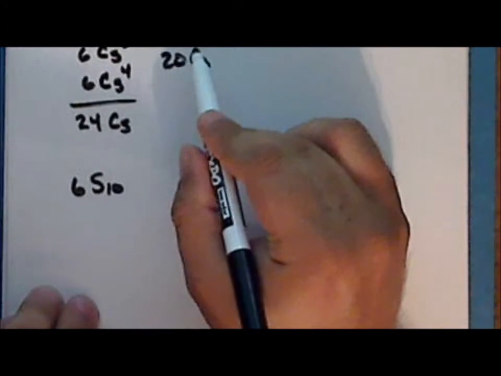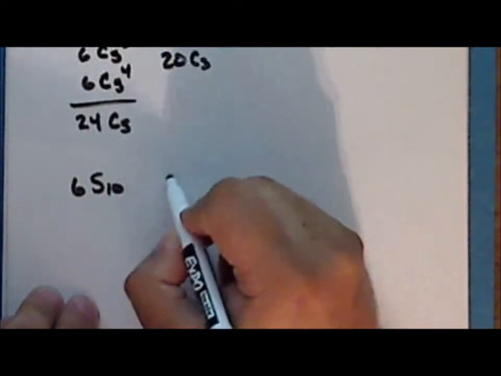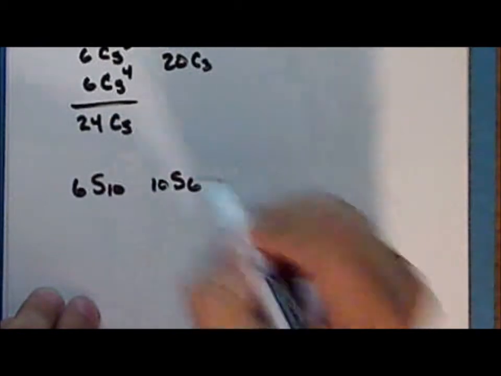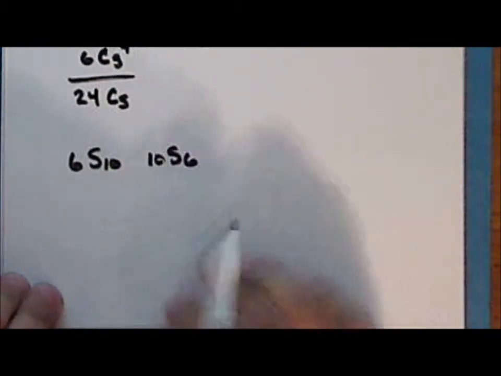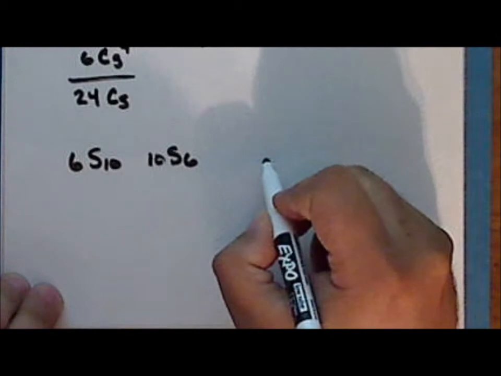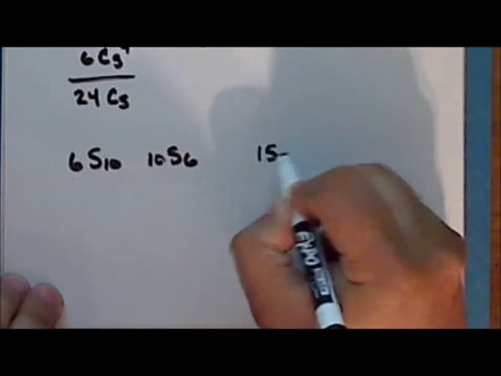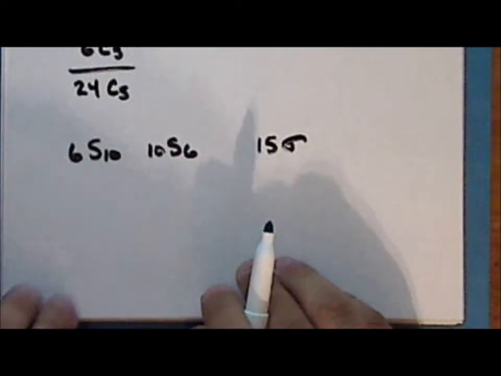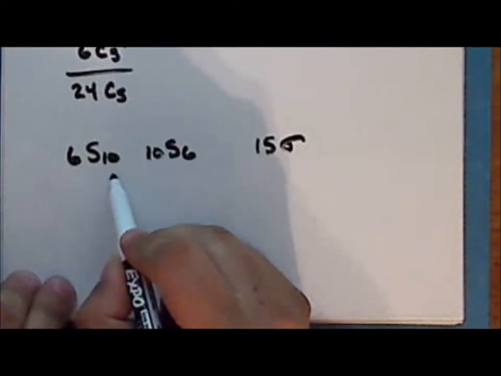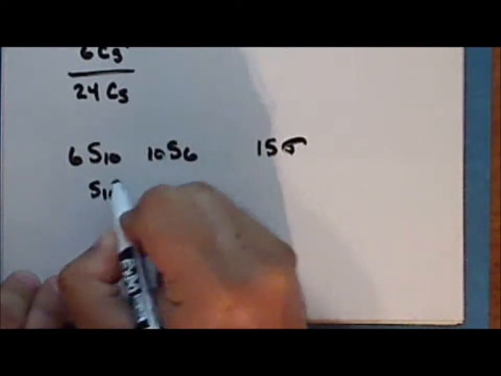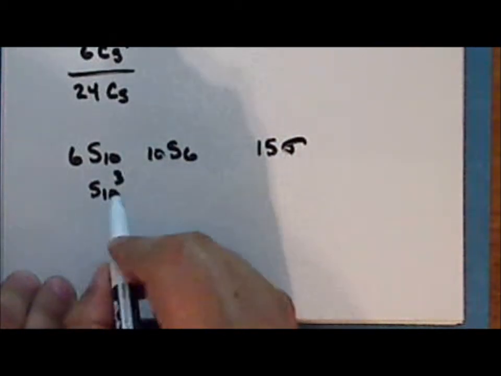Now each C5 axis is also an S10 axis, and so there are 6 of those. And each C3 axis is also an S6 axis, so there are 10 of those. And there is a plane passing through and containing opposite edges, so that there are a total of 15 mirror planes. So as we have an S10 operation, we have an S10 to the power of 3.